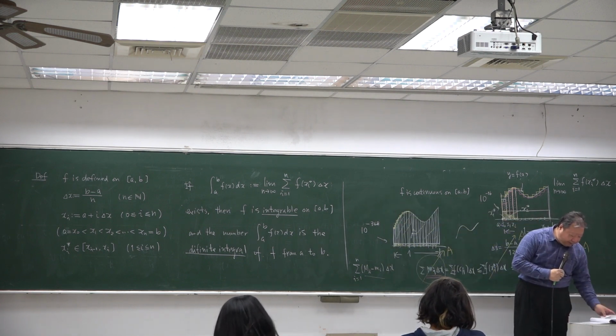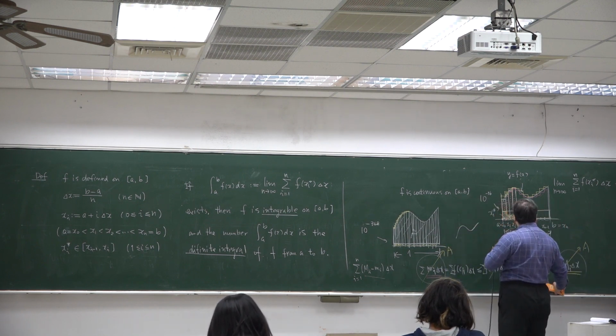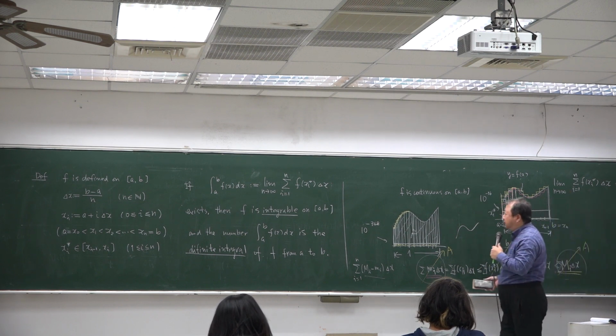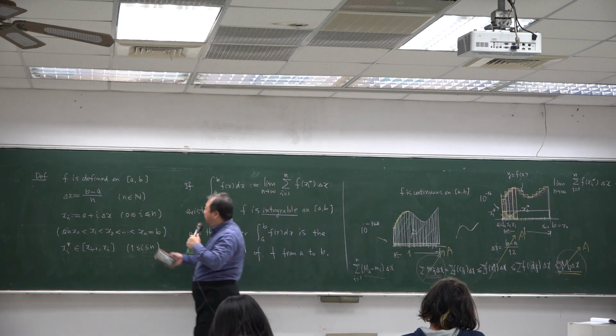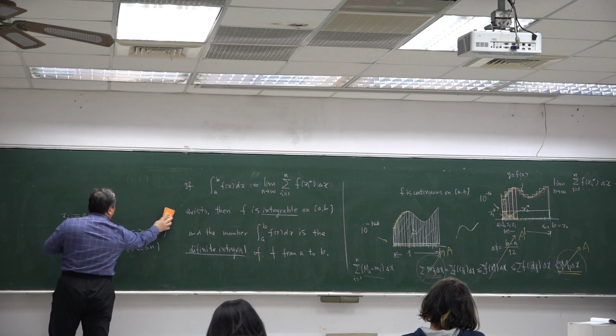Once we know the definition of integral, this is just a limit of a finite sum. So the properties of the definite integral can be read also from this definition.